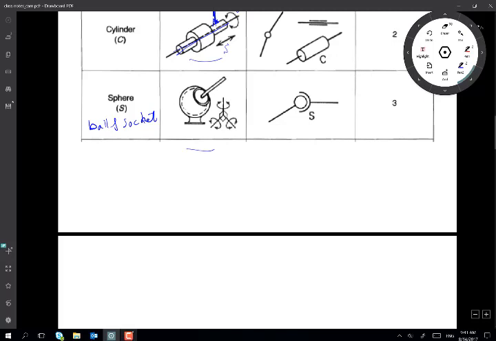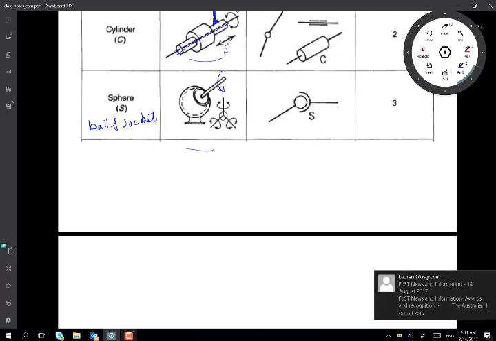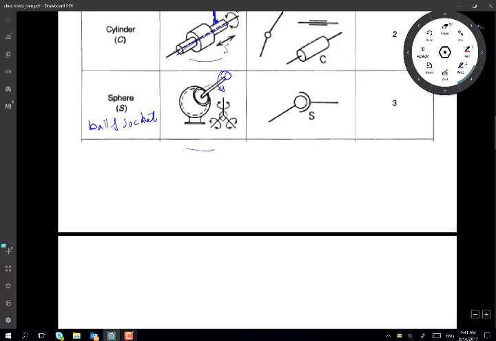The ball and socket joint, right? This joint allows, imagine this member here can rotate about the center line. Once it rotates about its own center line, it will come out of a plane. Imagine this was a rotary bar, and there is a point on this cylinder, and once it rotates about the axis and the center line of this member, this point will come out of a plane 100%.